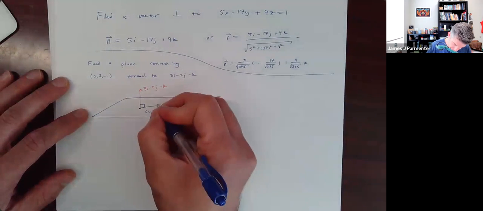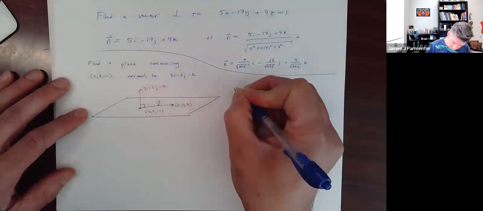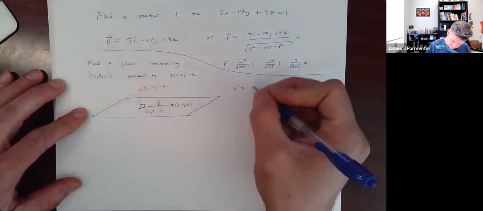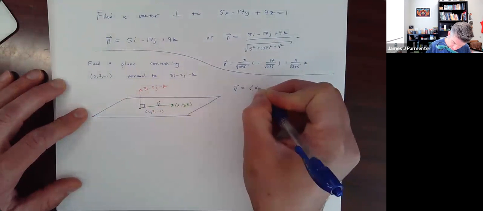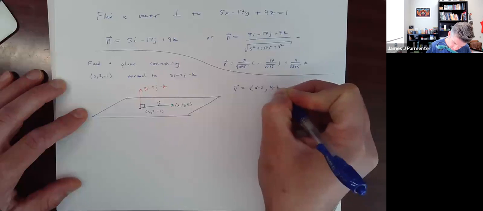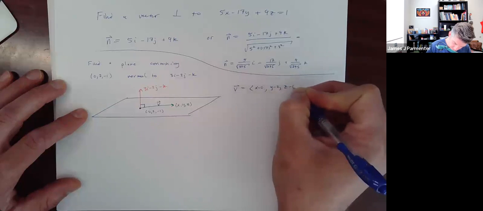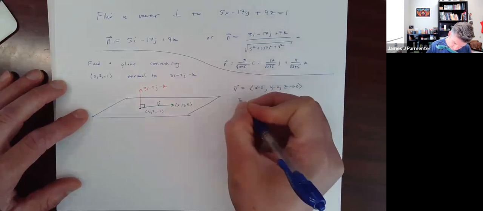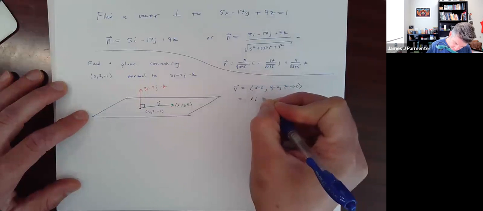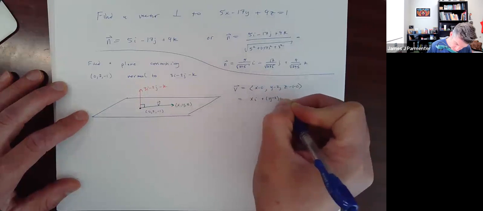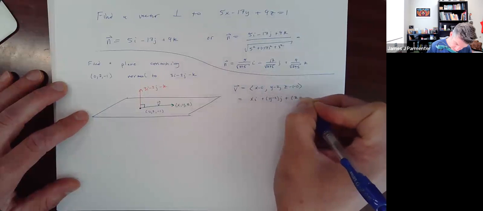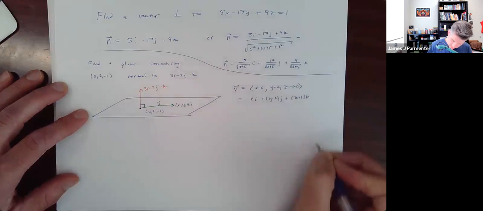So let's call this vector v. v is equal to the vector x minus 0, y minus 2, z minus -1, or if you prefer, xi plus (y minus 2)j plus (z plus 1)k.